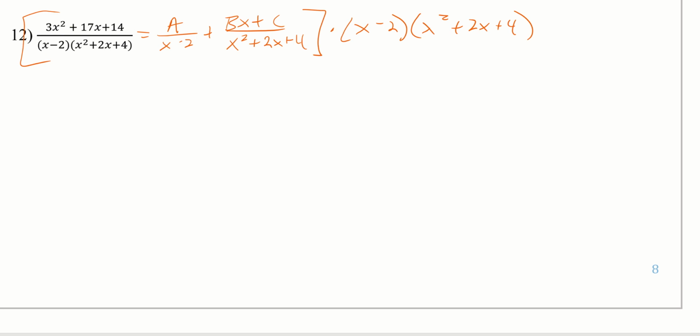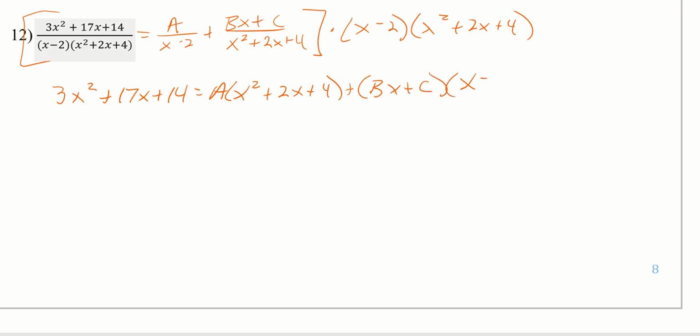Sweet. Left side, just the numerator. 17x plus 14. A gets rid of the x minus 2 factor, so it's left with this guy. And then the bx plus c leaves you with the other factor. Okay, so this one's a nice one. If x is equal to 2, it gets rid of both the b and the c.